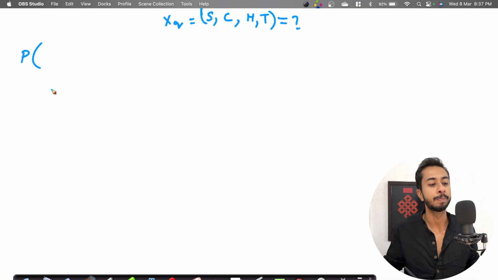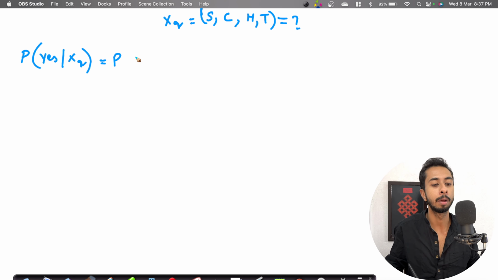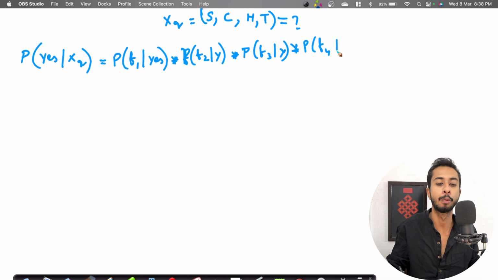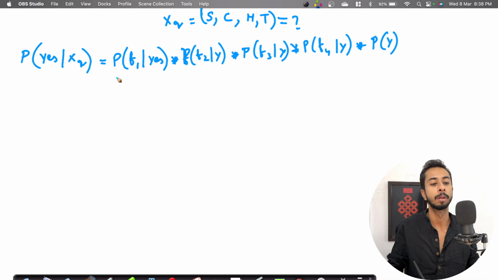We need to find the probability of yes given xq, which is probability of f1 given yes multiplied by probability of f2 given yes multiplied by probability of f3 given yes multiplied by probability of f4 given yes multiplied by probability of yes. Just find this.